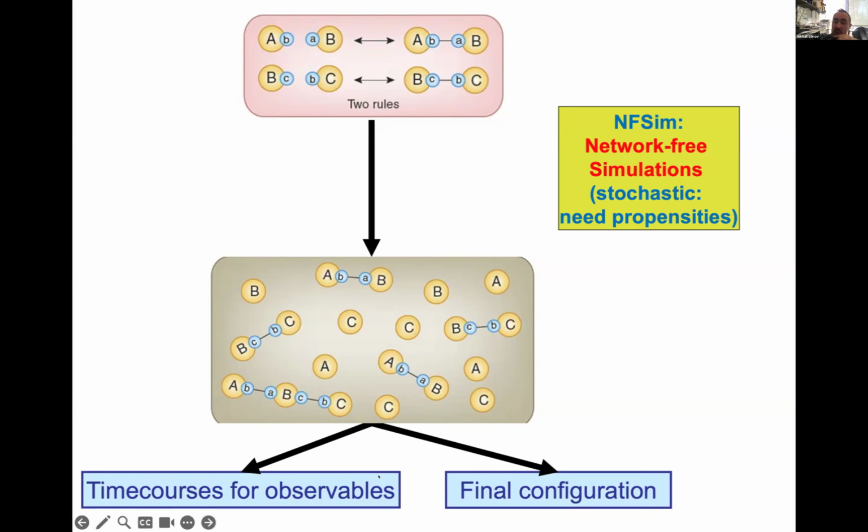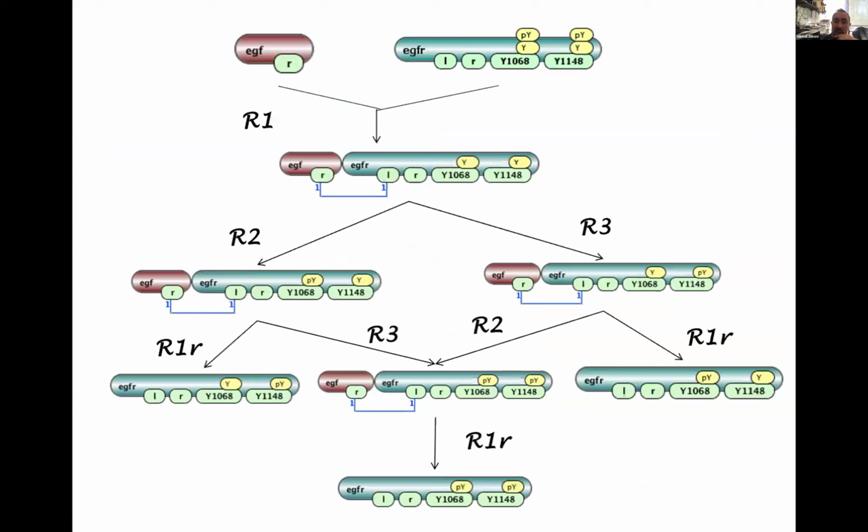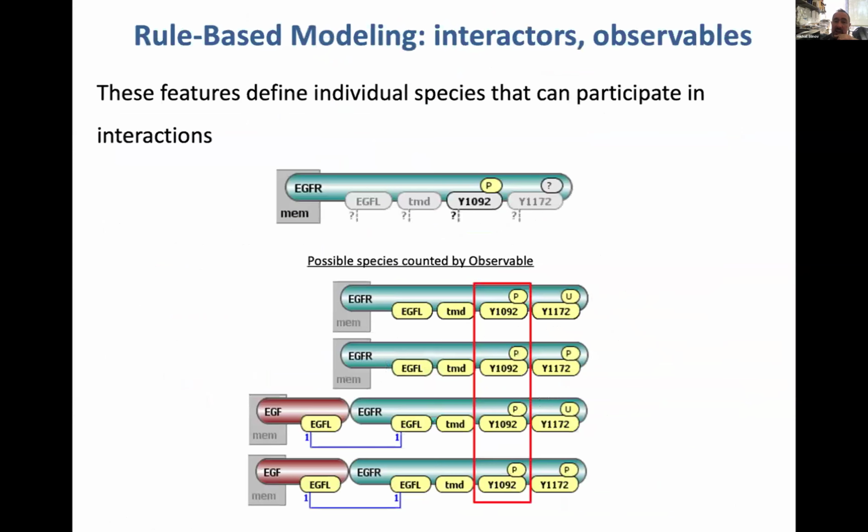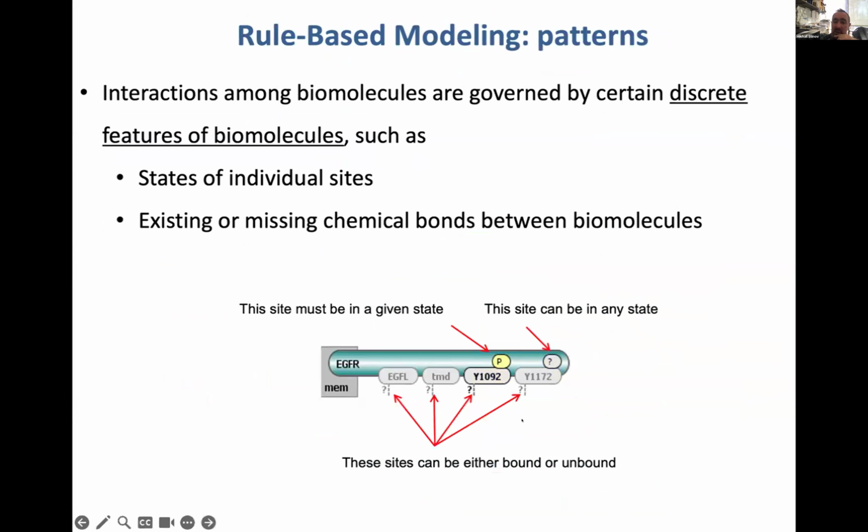And what are observables? Observables are exactly what we called patterns. So this is an observable for a receptor being in phosphorylated state at 1092. What does it mean?